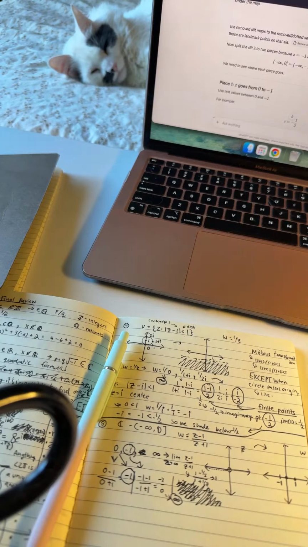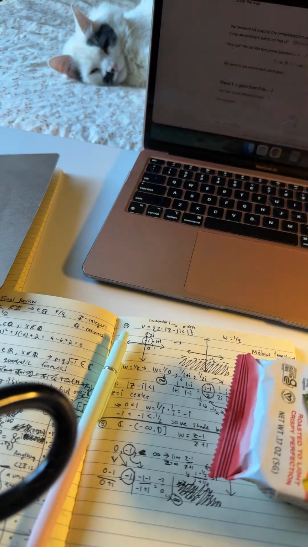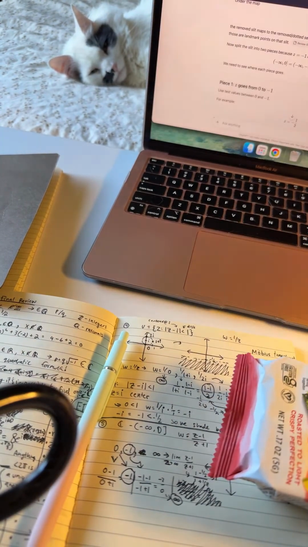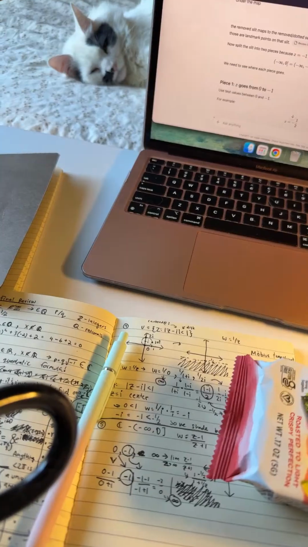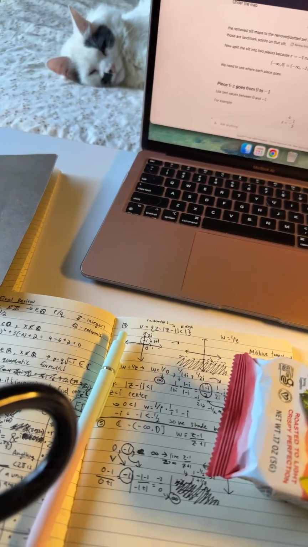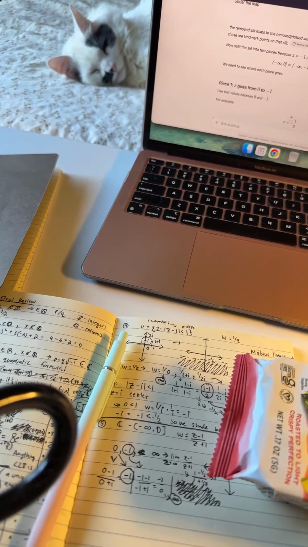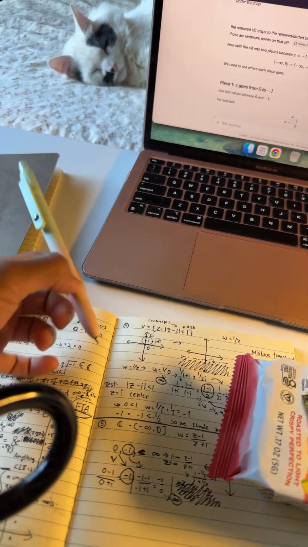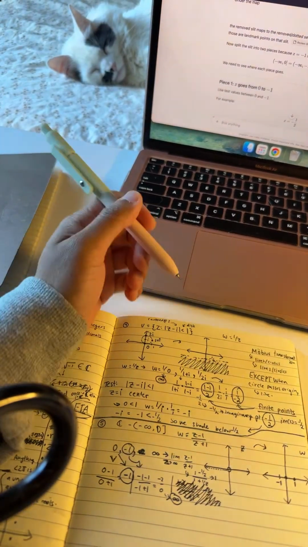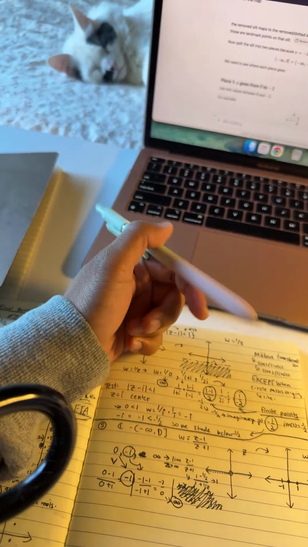So I don't normally eat seaweed, but chili lime seaweed looks kind of good right now, and it goes hard. It's like so little when it makes so much noise. It's good ASMR. But I won't eat it right now. I'll have to finish this problem to reward myself.